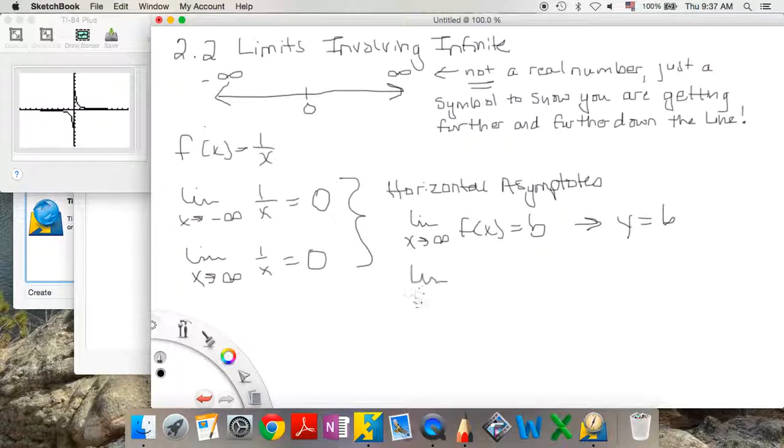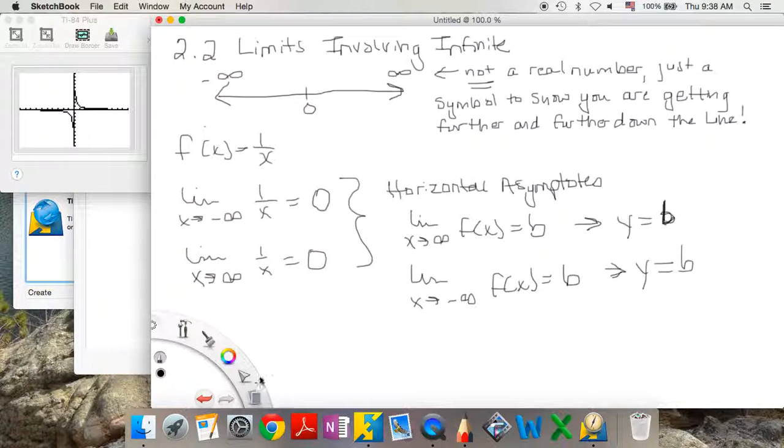Or if you have the limit as x goes to negative infinity of that function equals that number, then you have a horizontal asymptote of y equals b as well. Okay, so the limit as x goes to infinity gives us those horizontal asymptotes.